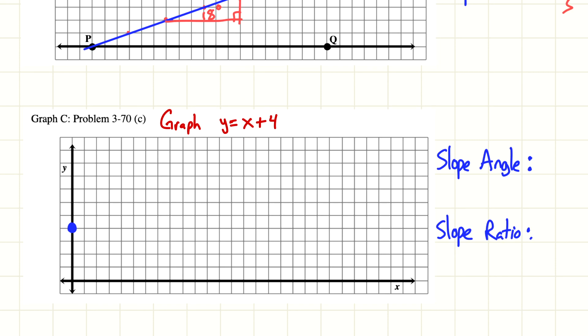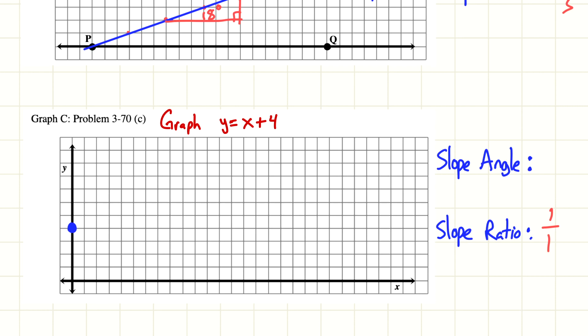I don't see a number in front of x, but in front of x, there's going to be an invisible number, and that invisible number is 1. So really, this is the same thing as y equals 1x plus 4. So the slope in this case is going to be 1, and I'll say it's 1/1 just to keep it as a fraction.